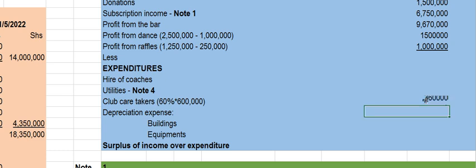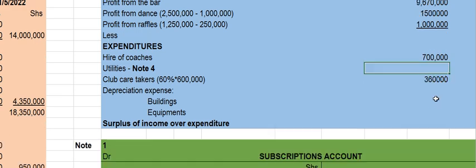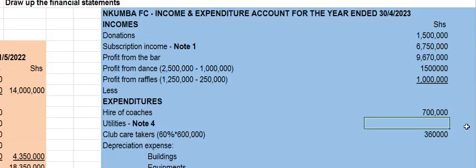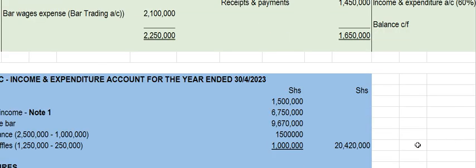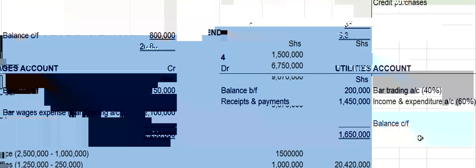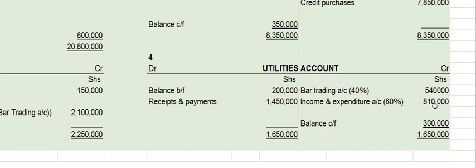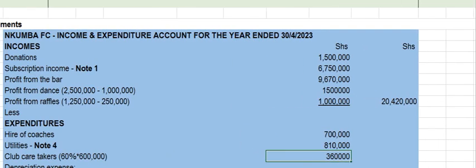That gives you 360. Hire of coaches, that is 700,000. Utilities, we already have a working for the utilities. The utilities are to be taken to the income and expenditure account. That is 810.